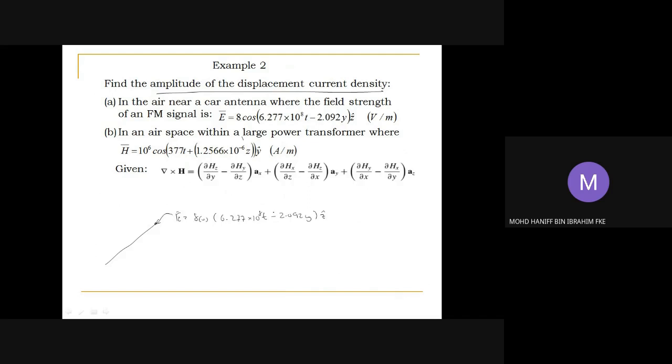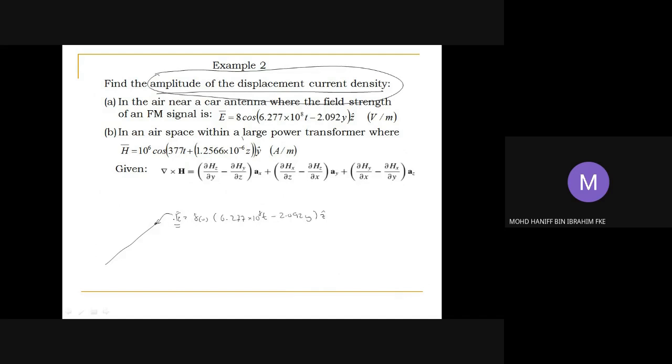The electric field is given by this equation, at the location near to the antenna structure. The question is, you need to find the amplitude of the displacement current density related to this particular electric field E.